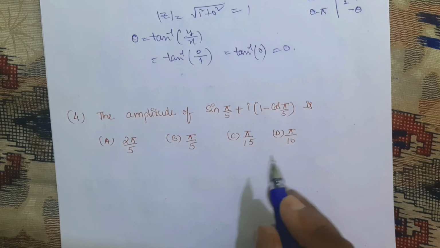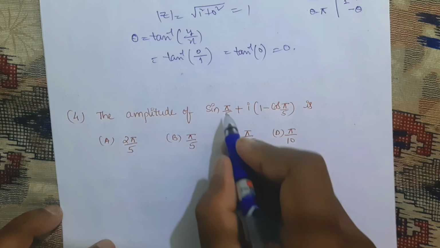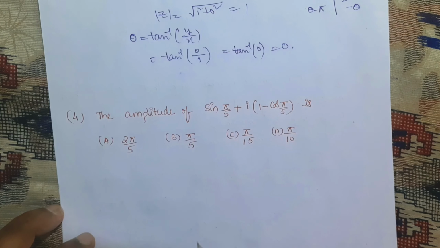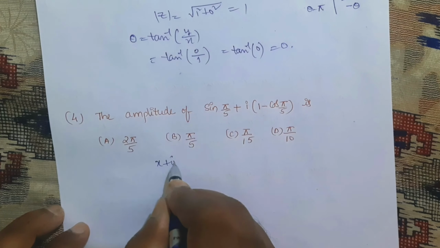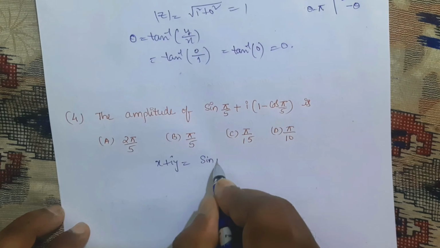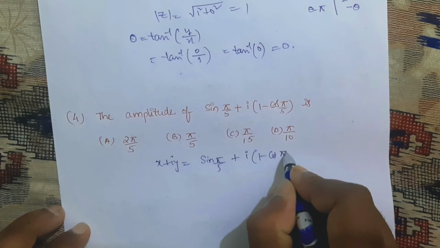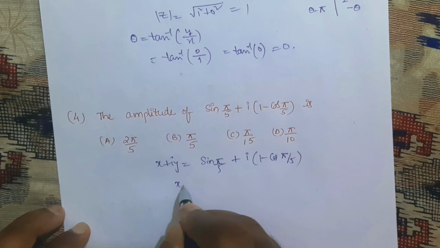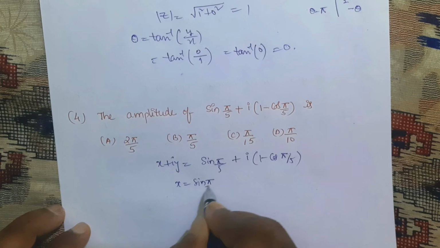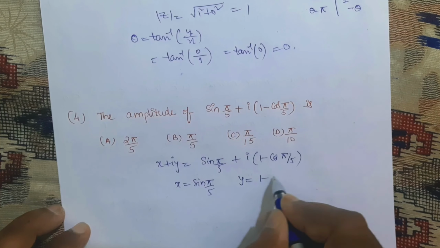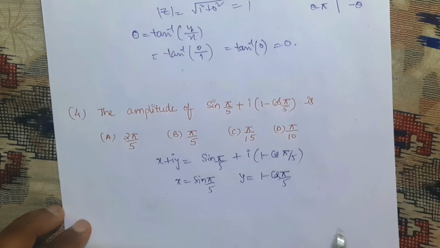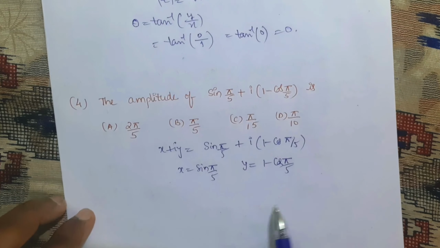Okay. So to find this, first we will convert this into complex form, that is x plus iy is equal to sin pi by 5 plus i into 1 minus cos pi by 5. That means x equal to sin pi by 5, y is equal to 1 minus cos pi by 5. See, here I am writing so you understand, but in examination no need to write like that.